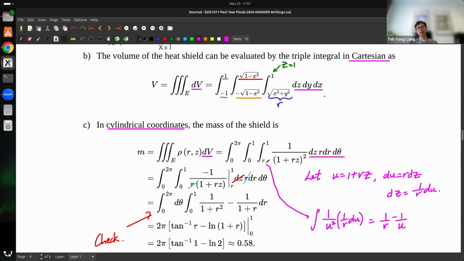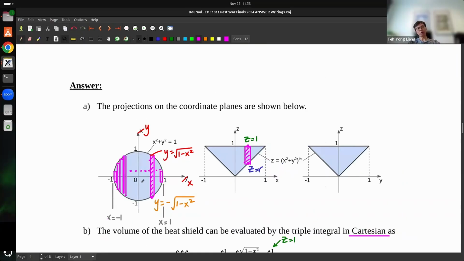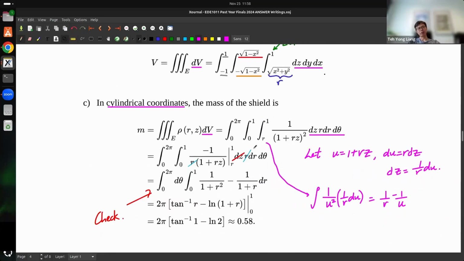No change to that. But if you do the integration in cylindrical coordinates, you'll notice that dy dx now converts to r dr dθ. That means the second integral must be with respect to r. Because it is with respect to r, for the unit disk, r must go from 0 to 1.